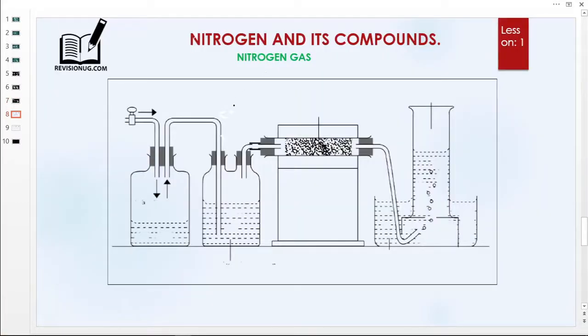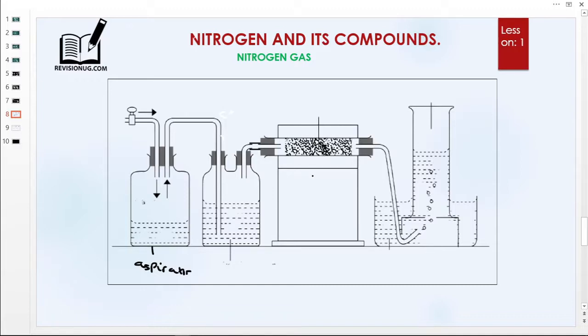Then let us look at the diagram. This diagram you are seeing here is showing us the preparation of nitrogen from the air, isolation from air. We are going to call this one the aspirator. Then here we are going to have our solution, and from here we have this furnace.